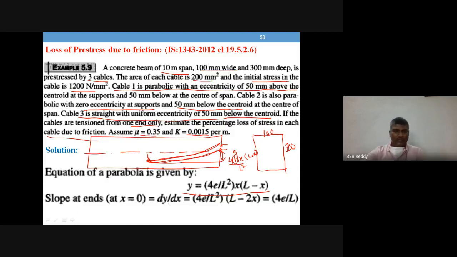So to get the slope value, do dy by dx for this, differentiate this with respect to x. So 4e by L square into L minus 2x. And at x equal to 0, what is the slope? X is 0 means it will be just 4e by L is the slope.